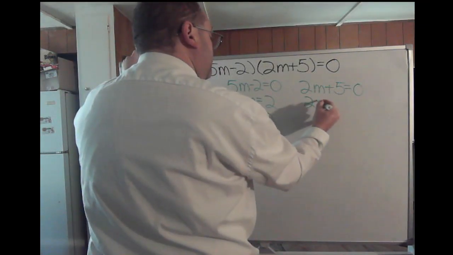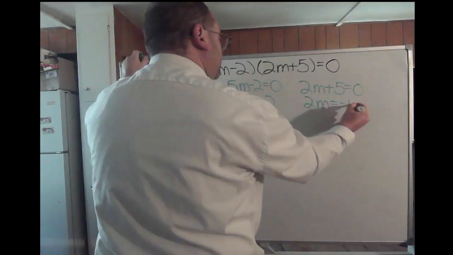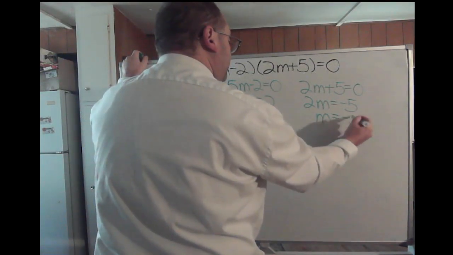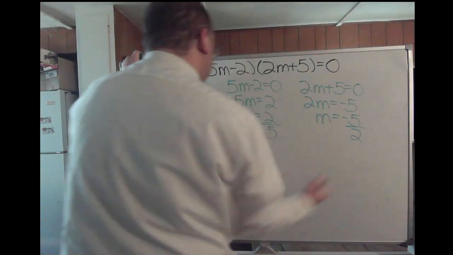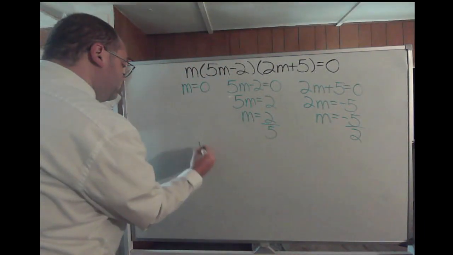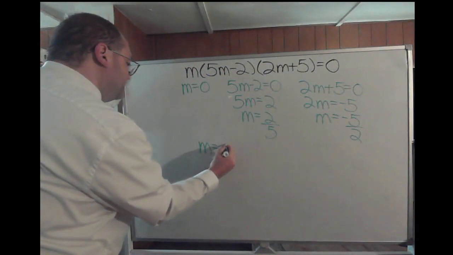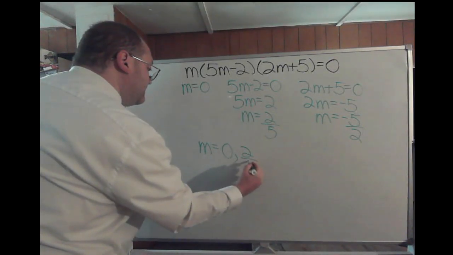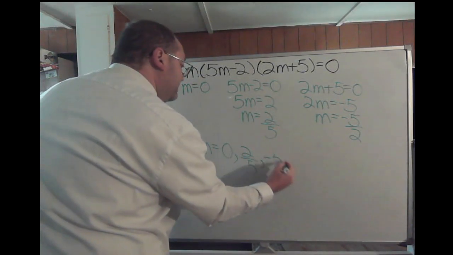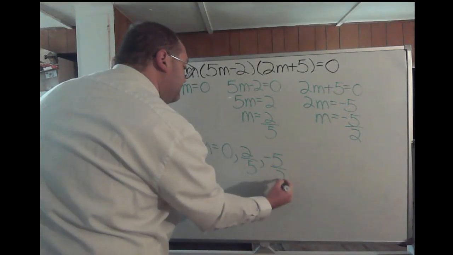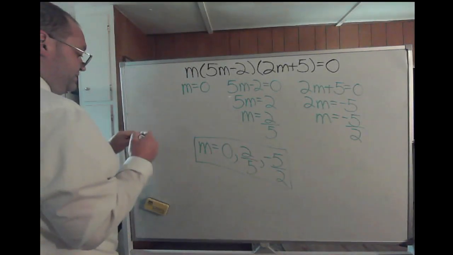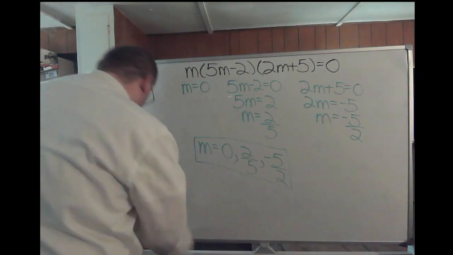Well, then 2m would equal negative 5, so m equals negative 5 halves. So the 3 solutions for this are going to be 0, positive 2/5, and then negative 5 halves. Those are your 3 solutions for m.